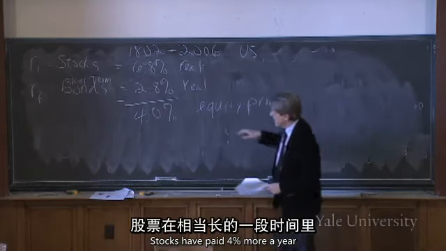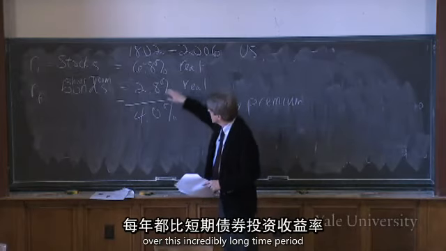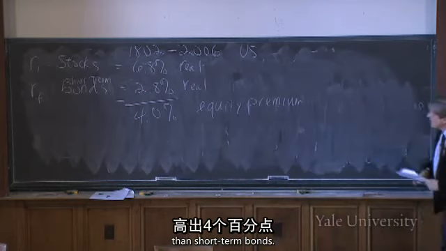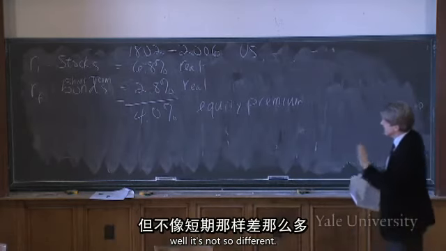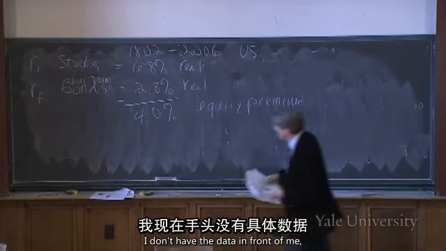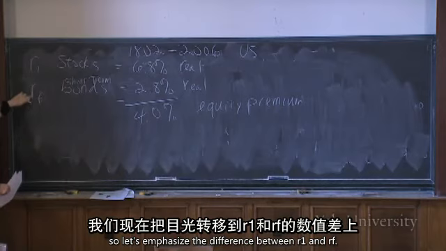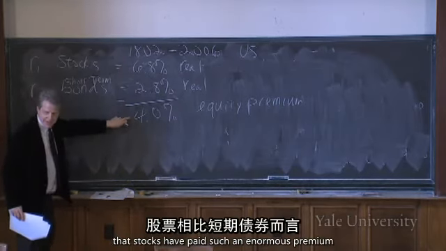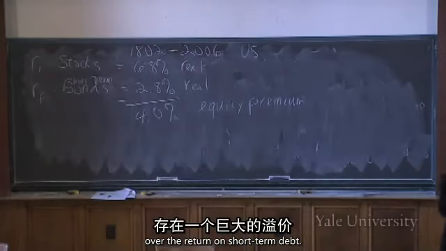So stocks have paid 4% more a year over this incredibly long time period than short-term bonds. Also, they've paid much more than long-term. Well, it's not so different. I don't have the data in front of me, but let's emphasize the difference between R1 and RF. It surprises many people that stocks have paid such an enormous premium over the return on short-term debt.